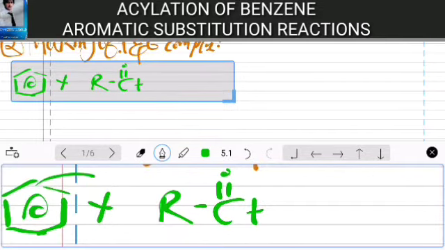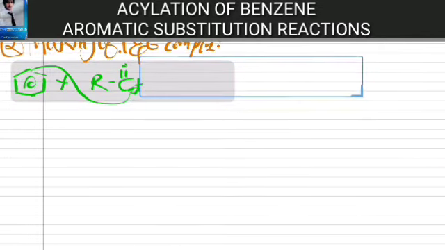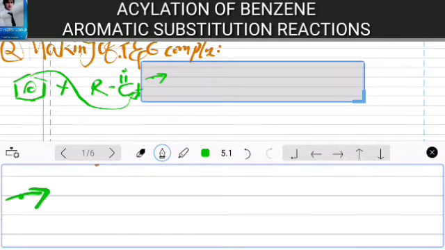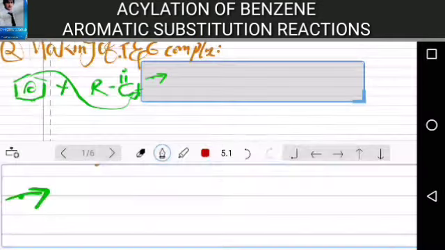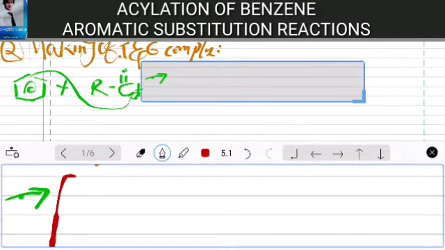So this attack is on the positive carbon and we get our first complex, the transition state, termed as pi complex.